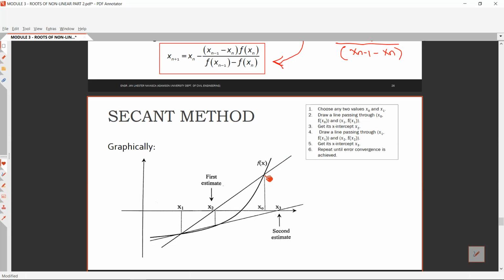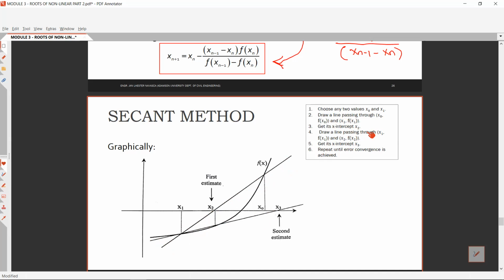Okay. And also draw a point from x sub 1 comma f of x sub 1. Ayan. So you will draw a line, this one. Okay. You will get the x-intercept, x sub 2. Okay. This one is your x-intercept.